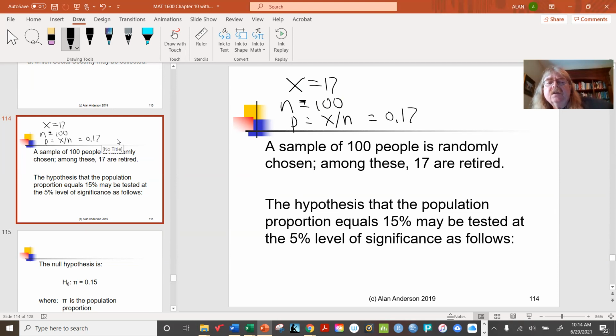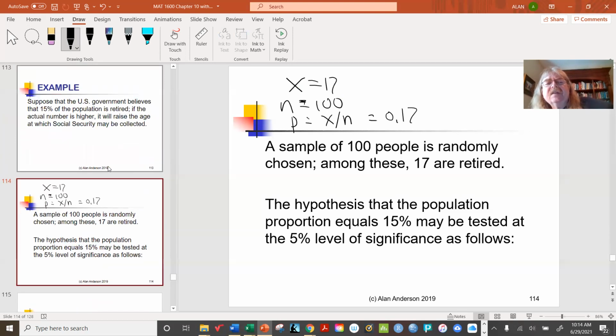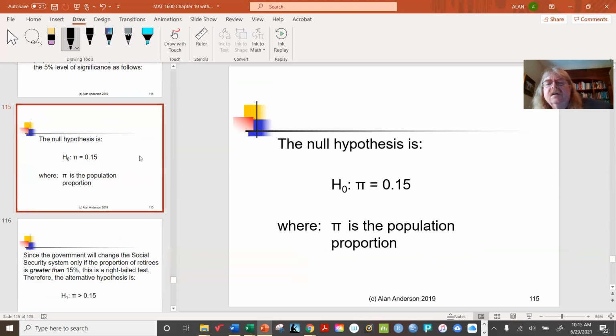Now, remember too, they're looking for evidence that the proportion of retirees is higher than 15%. Okay, now the current statistics show 15%, but they're concerned that the actual number may have risen so that it's actually higher than 15%. So this is clearly a right-tail test. So here's the null hypothesis, which means that the proportion equals 0.15 as we continue to believe until we find evidence that it's not.